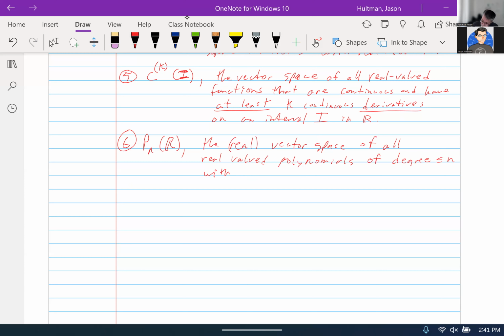So basically your run-of-the-mill polynomials, real coefficients.